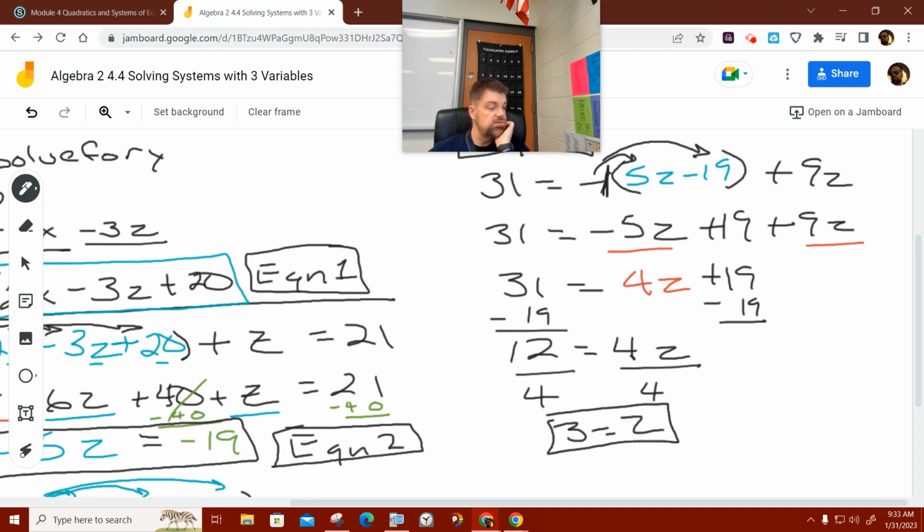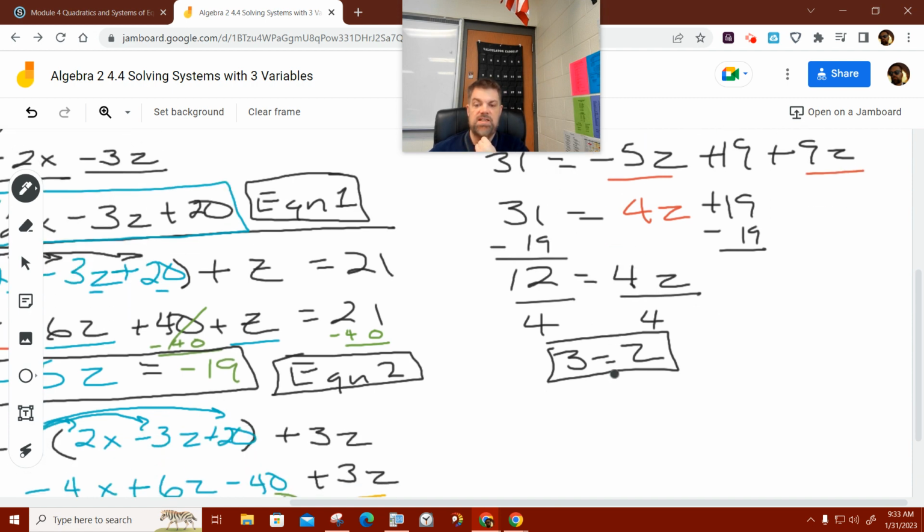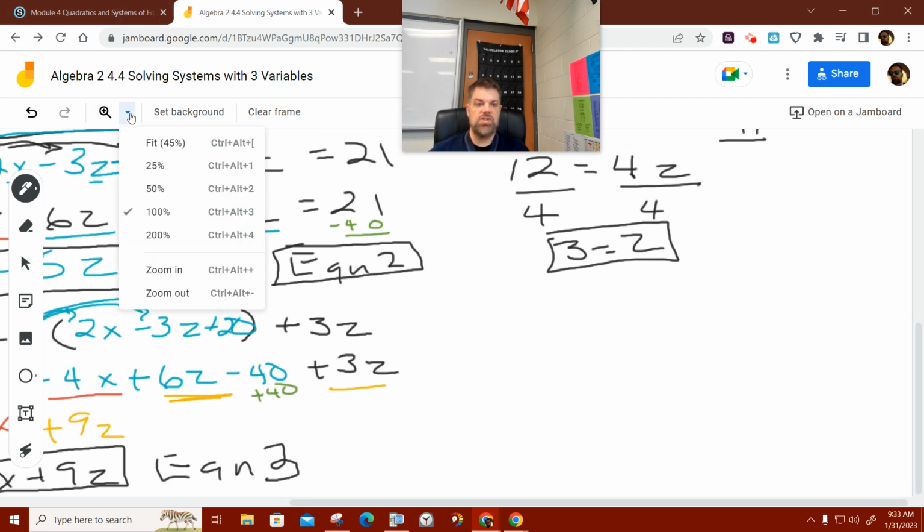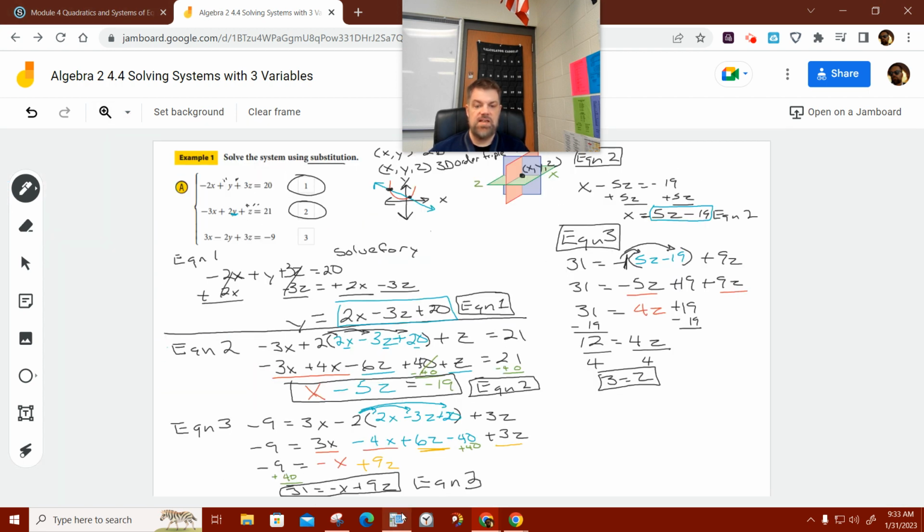Okay? So now that I know what the z value is, I can go back to either one of these modified equations over here. Let me zoom out so you can see it. Notice that both of these equations have x. Well, technically, this equation is solved for x. And now that I know what z is, can I plug the value for z in here? Yeah.